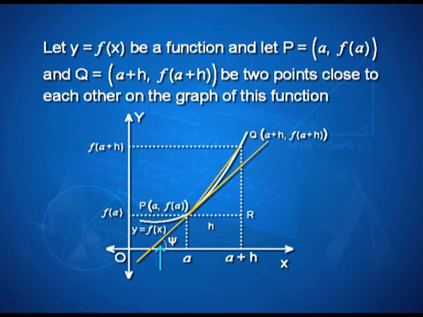We have a tangent here making angle psi with x axis. So, let y be a function f of x and let P be a comma f of a and Q be a plus h comma f of a plus h be 2 points close to each other on the graph of this function.